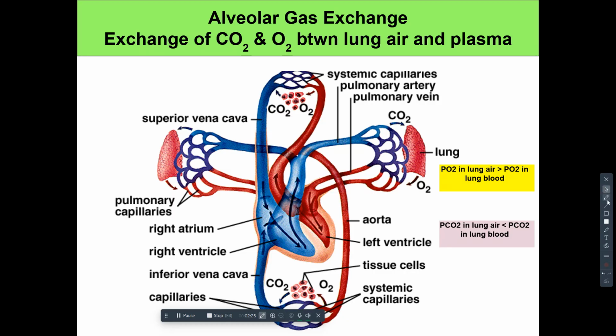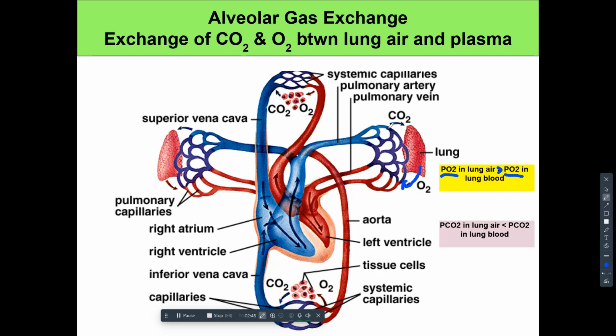Oxygen has to go from the lung air into the blood, so the pressure of oxygen in your lung air is greater than the pressure of oxygen in lung blood. That's what's going to drive that movement of oxygen.